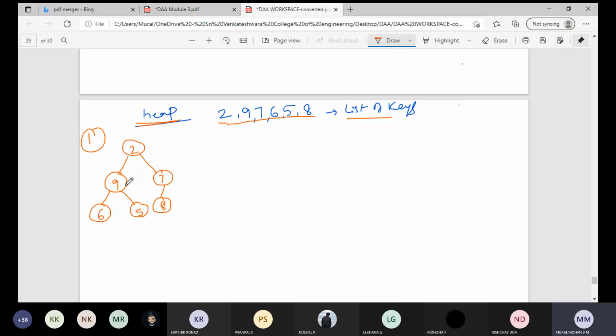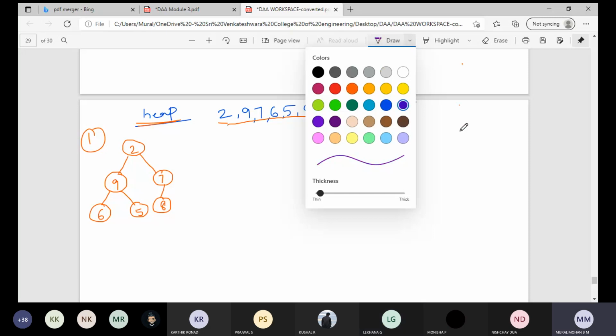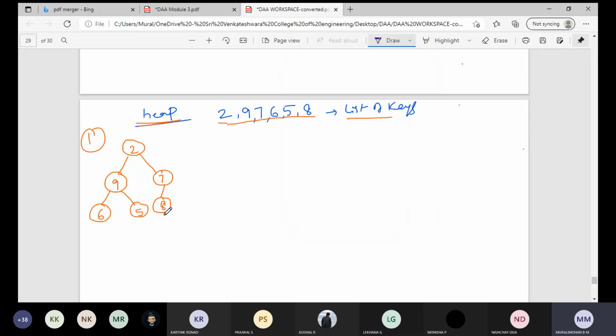And you should check it from the last node. Here the last node we have is 8. So the last node is 8. So from this node, you should check for the parental dominance.